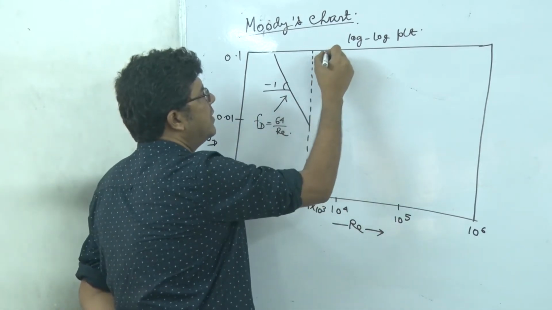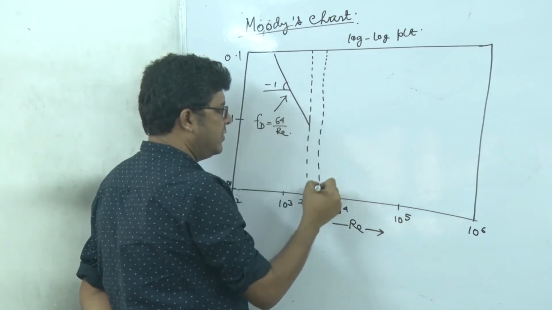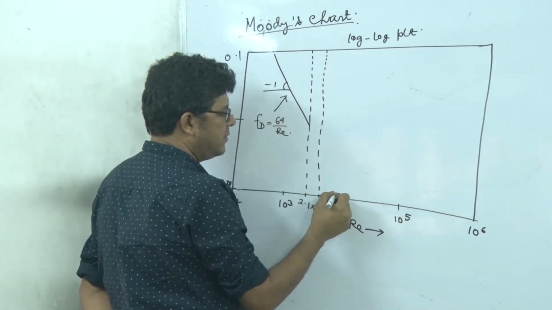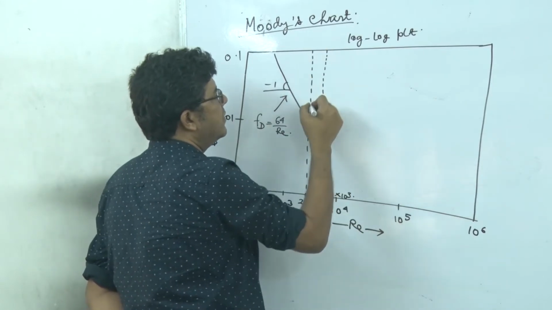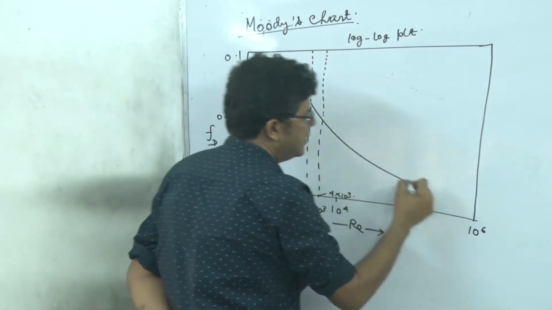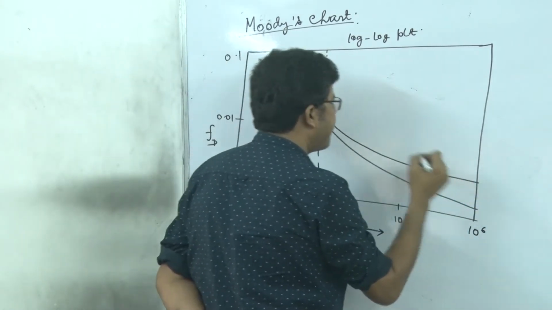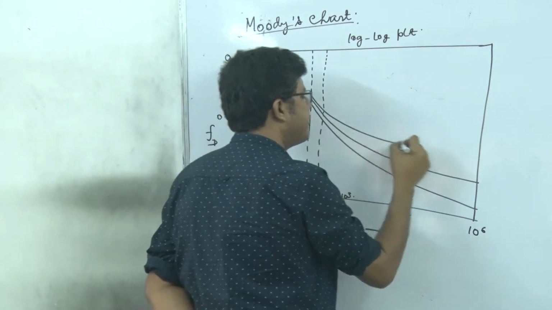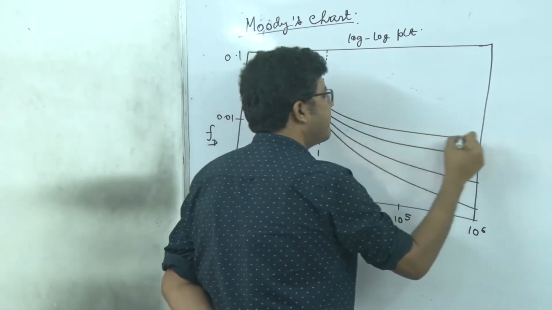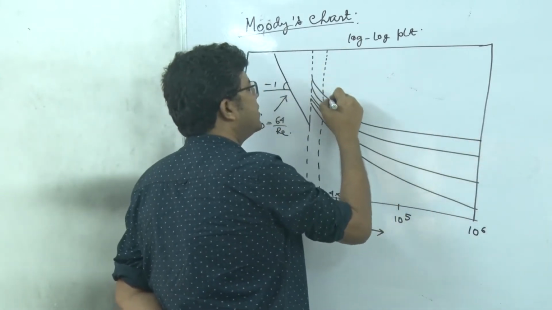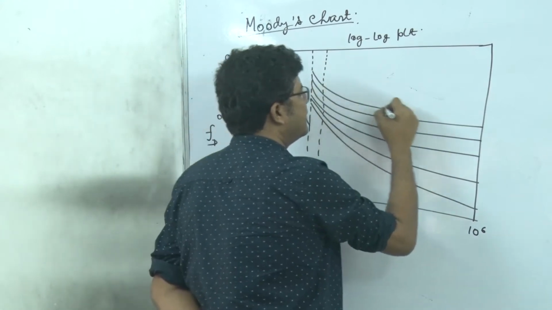After that, there will be a transition, which is a narrow region in the Moody's chart, up to 4 into 10 to the power 3. What we observe is that from here the graph goes like this. This is definitely not a quantitative description of what I am drawing; it's not in scale.